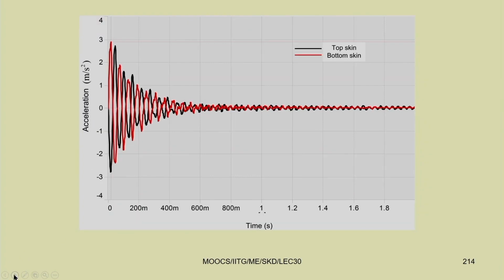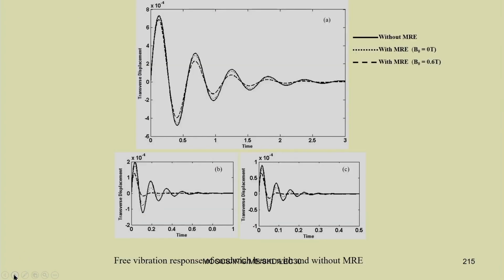You can see the response also for the top skin and bottom skin. Now you can see the response without applying voltage and magnetic field, and with applying magnetic field. It is clearly evident that by applying the magnetic field we can reduce the vibration considerably. Here it is more clear. You can see the vibration is reduced, and we can reduce the settling time very much.